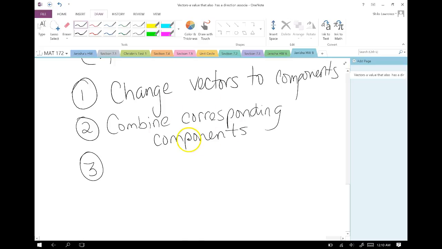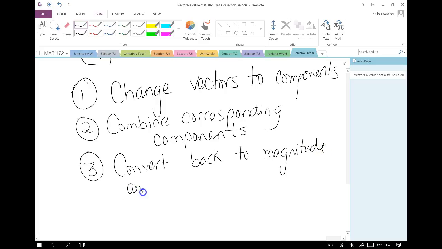So once we get the components for the answer, we're then going to switch those components back to magnitude and direction format to state the final answer.